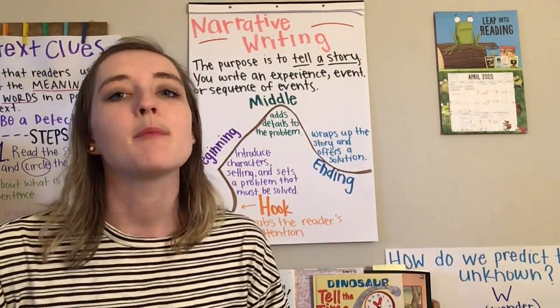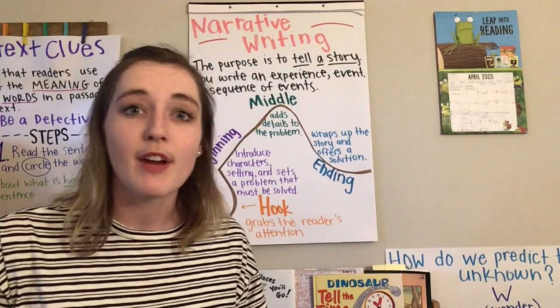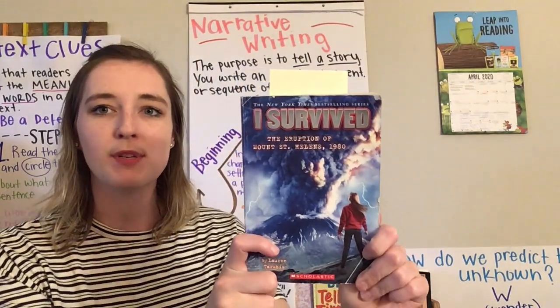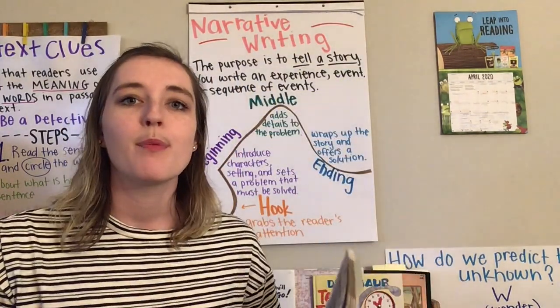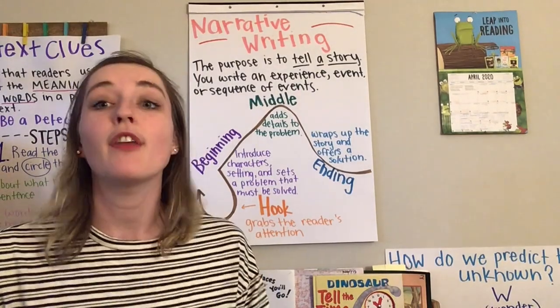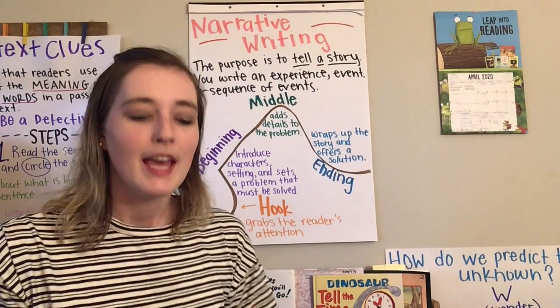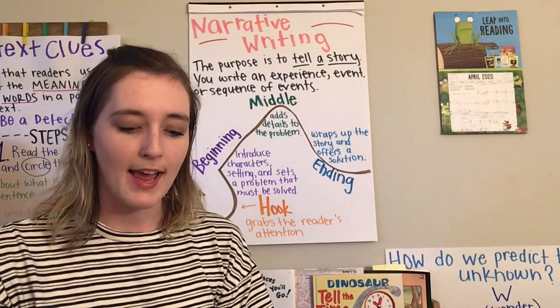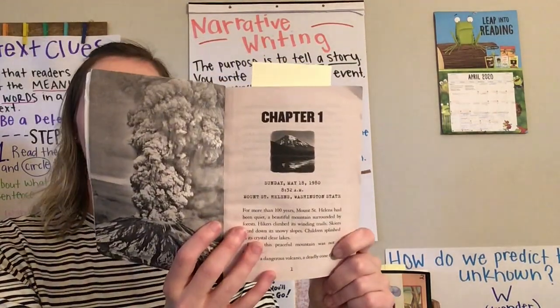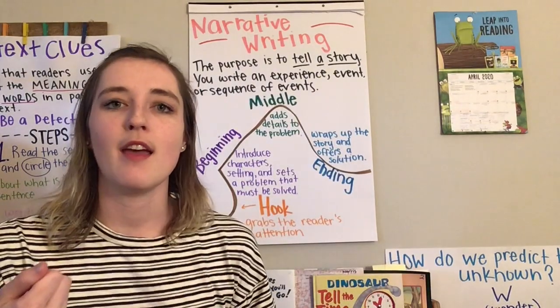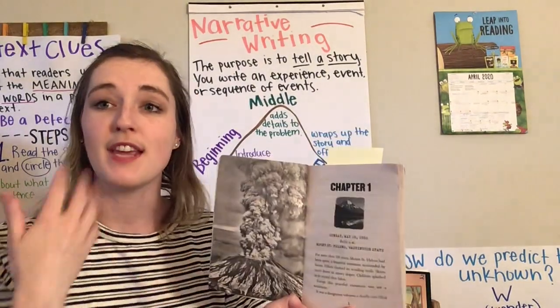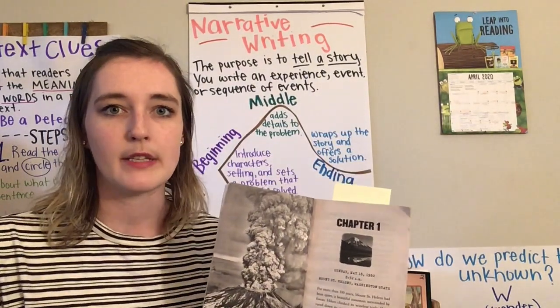So I'm going to use an example of a book that we've been reading right now. We have I Survived the Eruption of Mount St. Helens. So before the author even gets into the actual story part, he hooks the reader. He hooks the reader by starting out in chapter 1, describing the actual event of Mount St. Helens erupting.